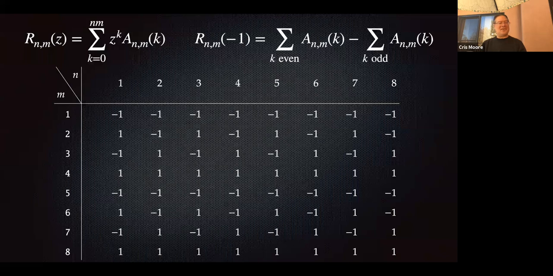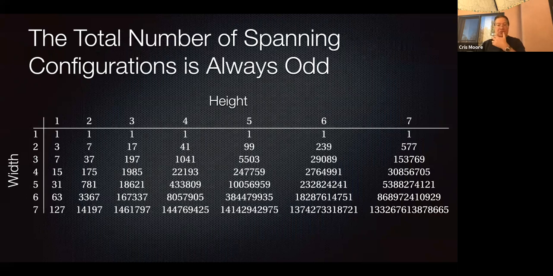So the number of spanning configurations with an even or odd number of sites seems to differ by +1 or -1. And in particular, that also means that the total number of spanning configurations on the square lattice is always odd. So of course, when he noticed this, he started looking around for some sort of explanation.